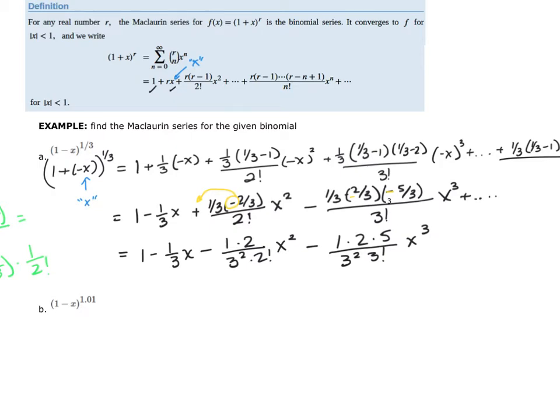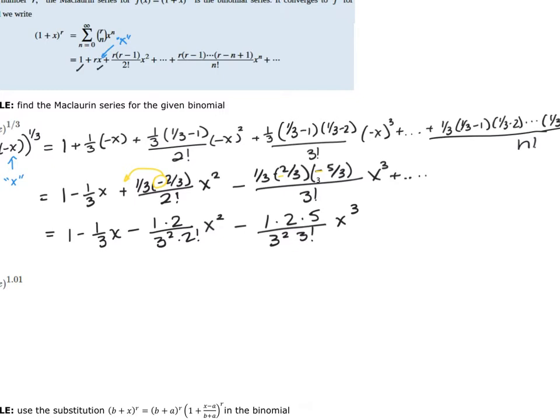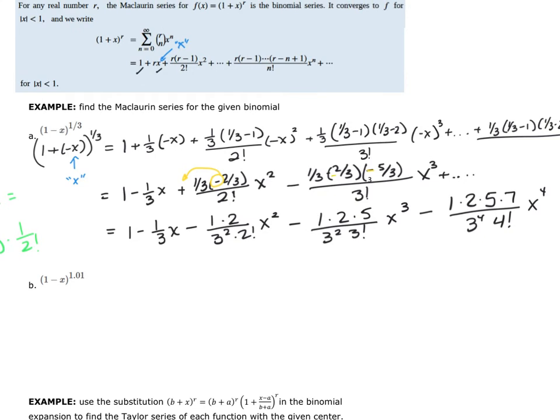Now, if I were to write the next term, which I don't have to, but I could, based on this pattern, it's going to be minus 1 times 2 times 5, don't forget my 5 there, times 7, 3 raised to the fourth, 4 factorial x to the fourth. And so by looking at this pattern, we can determine what my Maclaurin series would look like.